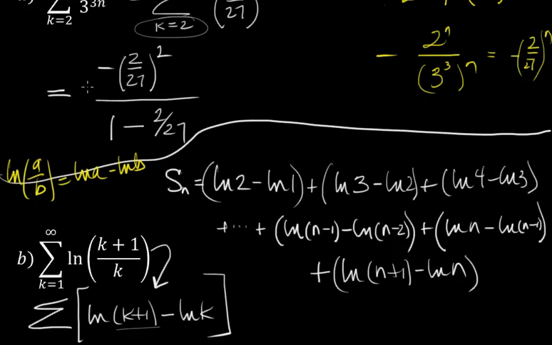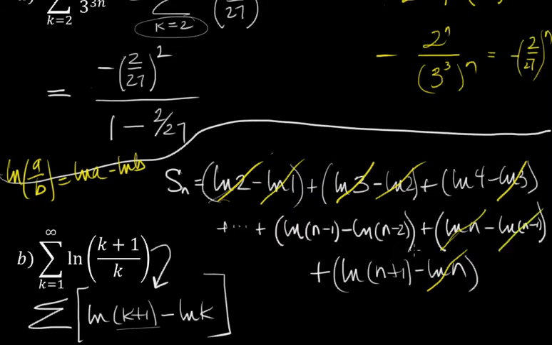Alright, so now you should be able to see a lot of canceling. Natural log 2 minus natural log 2 cancels. Natural log 1 is 0, so we can cross that out. And we see that the first one in each set of parentheses cancels with the second one in the next set. So as we go to the end, this last one will cancel with natural log n.